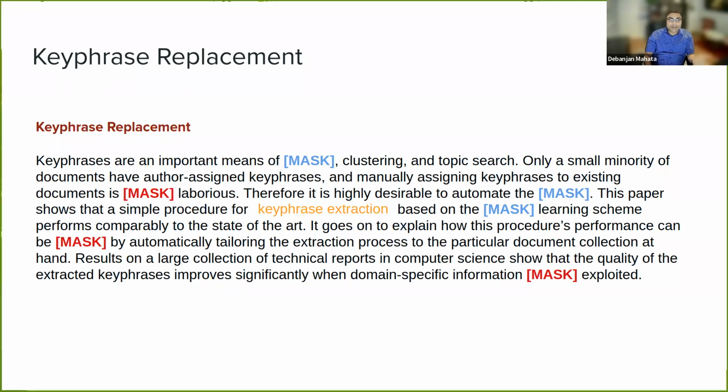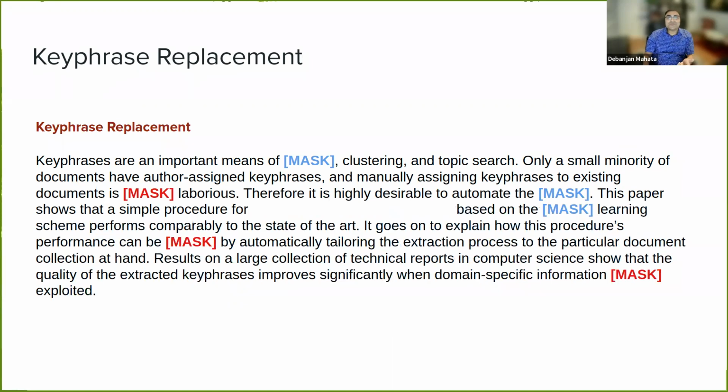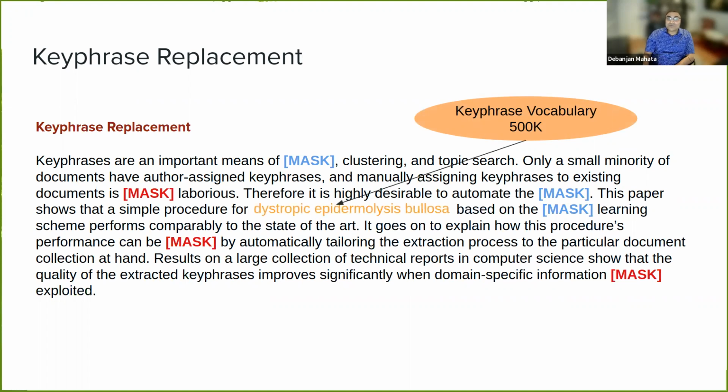So this is how we were able to implement the text infilling objective in an encoder setting. Now, apart from that, the last thing that we did was the key phrase replacement objective, where you randomly select a key phrase and replace it with another key phrase from a fixed vocabulary of key phrases, and then you use a binary classifier to say whether this key phrase is replaced or not.